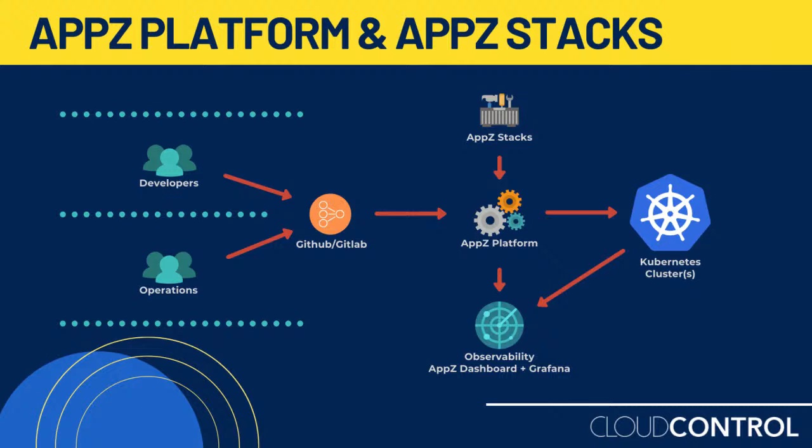Yeah, AppZ stacks and AppZ platform go hand in hand, and AppZ stacks are our way to make automation application centric. And this is also a differentiator in terms of what CloudControl offers and what automation is offered by the rest of the industry, and I would say even the major cloud providers. So everybody has lots of automations like Terraform, CloudFormation, ARM for Azure.